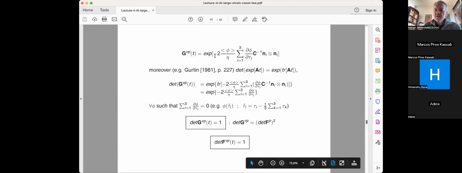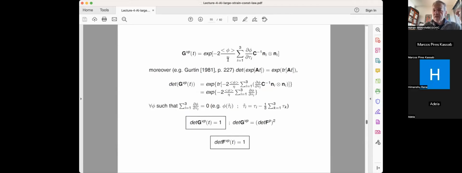as the exponential of minus 2 times the positive value of phi divided by eta multiplied by the sum from I equal to 1 to 3 of d phi d tau_I C^-1 n_I tensor n_I. And basically this allows me to show that I can actually impose plastic incompressibility by taking into account a yield criterion which has this type of feature that the sum of d phi d tau_I is equal to 0.